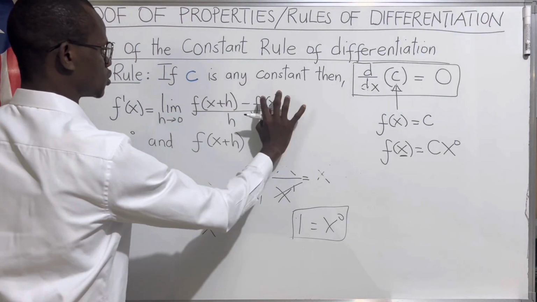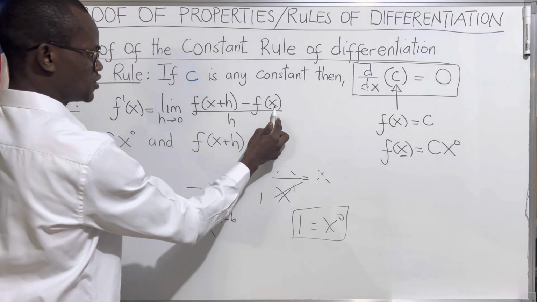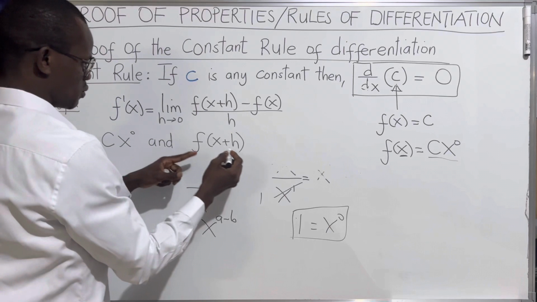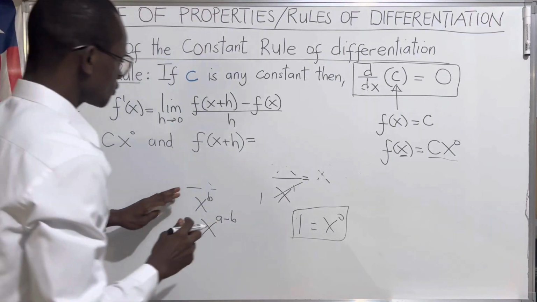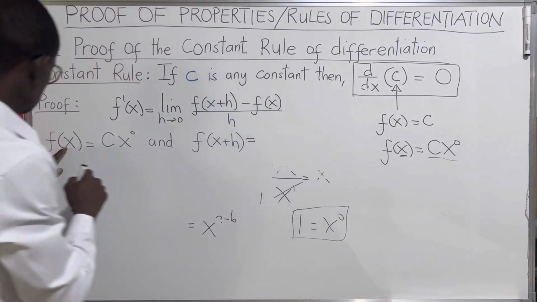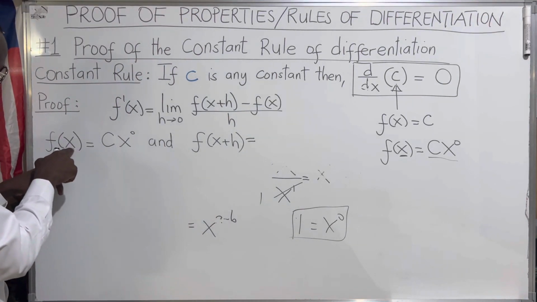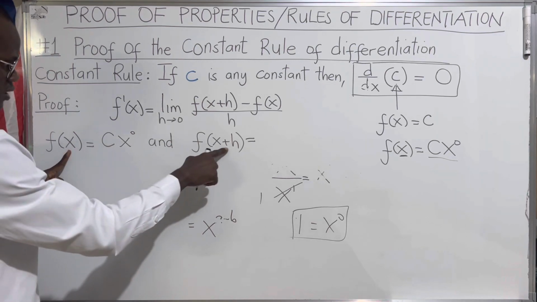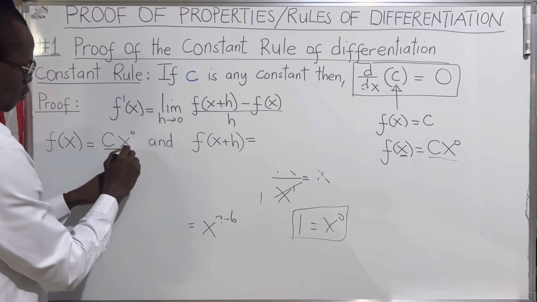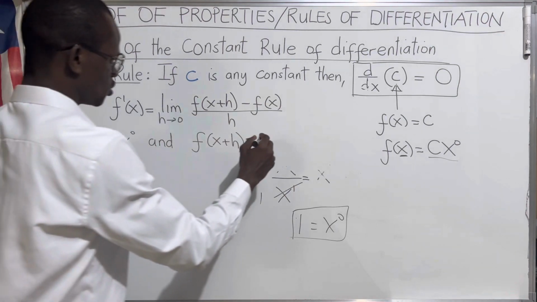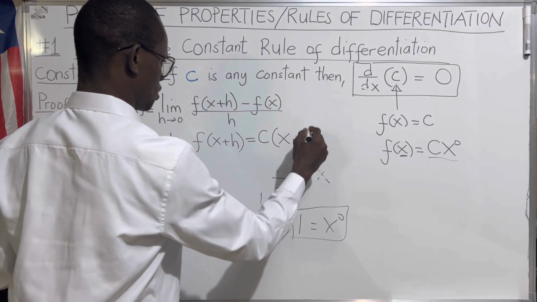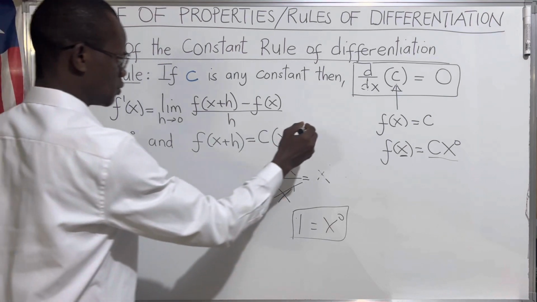We know f of x, the original function, is c x to the power 0. And we now want to find f of x plus h. In this f of x, we have to replace x with x plus h. So on the right hand side, wheresoever we see x, we replace it with x plus h, raised to the power 0.